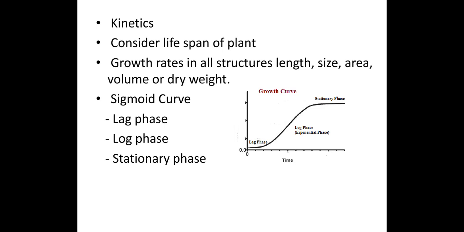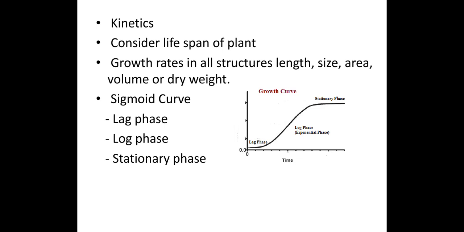A. In the case of a cell, during cell formation, growth is slow. During cell elongation, growth is rapid, and during cell maturation, growth rate again becomes slow.